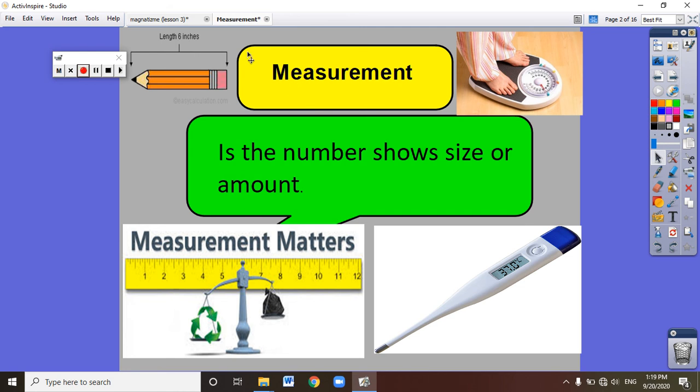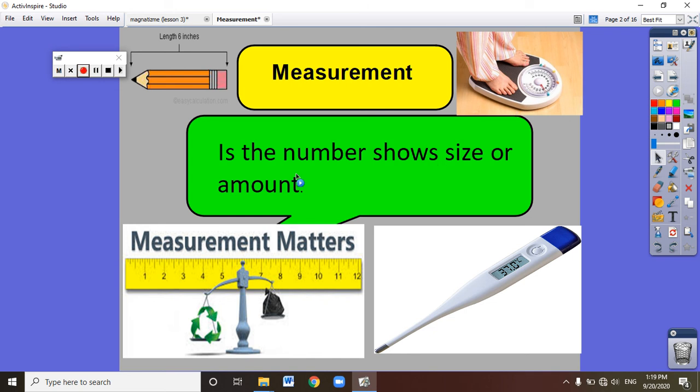When you measure the length of the pencil, you measure the size of the pencil. When you measure how tall you are, you measure the size of your body. When you measure the mass of your body, or some tomato or apple, you are measuring the amount.